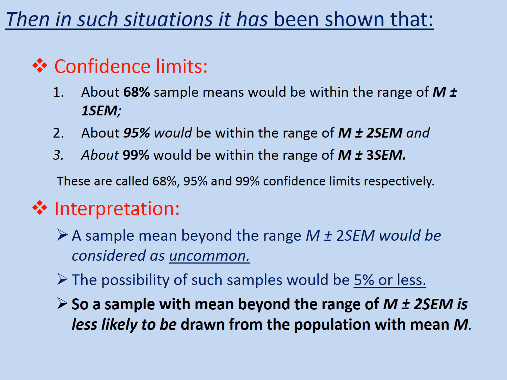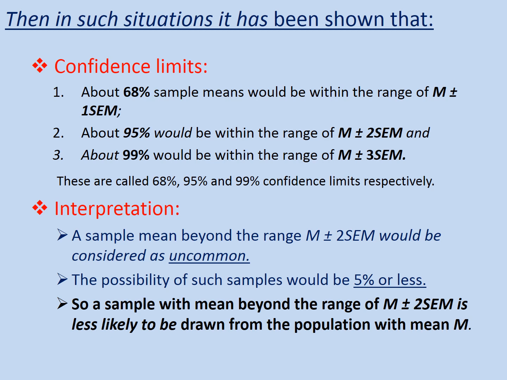So just check out the interpretation in the lower part. A sample mean beyond the range of mean plus or minus 2 SEM would be considered uncommon. So out of those 100 samples we have drawn from the population of 5000 women of Loni town, those samples having their means outside this range, that is mean plus or minus 2 SEM, will be called uncommon.